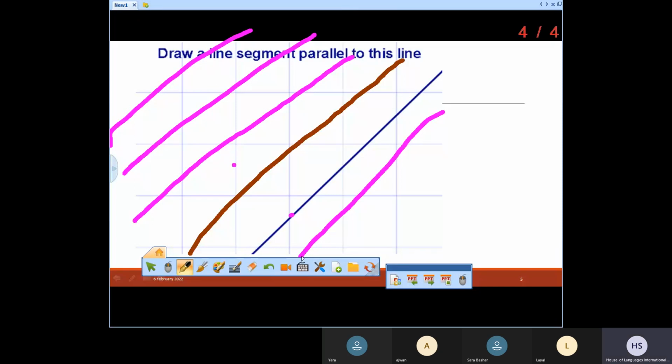Later on, we will say that if the brown is parallel to the blue, and the purple is parallel, this one and this one, they are parallel. This one and this one, they are parallel. So we can say that these are parallel, which is the transitive property.